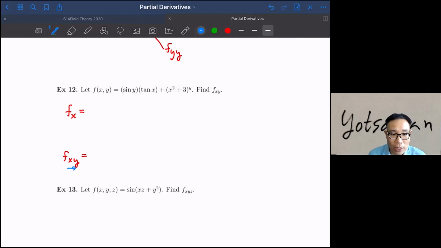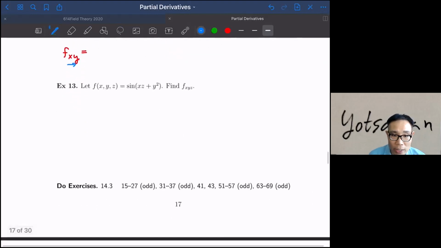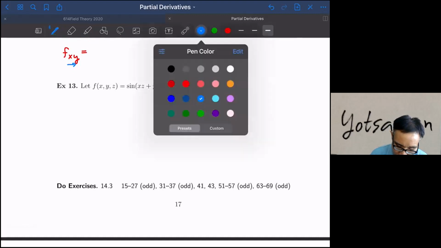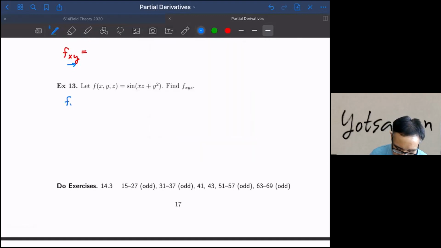And for number 13, you have f(x,y,z) equal to sin(xz plus y squared), and you'd like to find f_xyz. For this one, you find f_x first. You differentiate the outside, which gives cosine of xz plus y squared, and then differentiate the inside with respect to x.